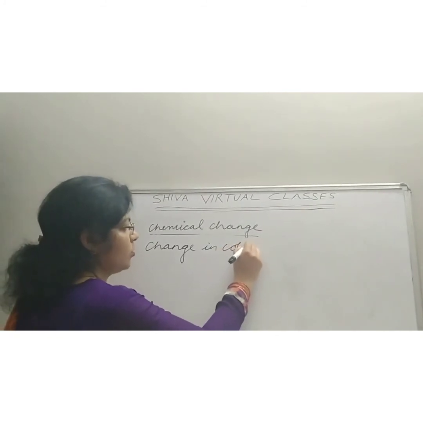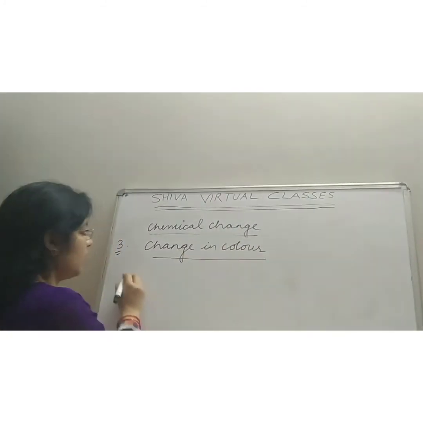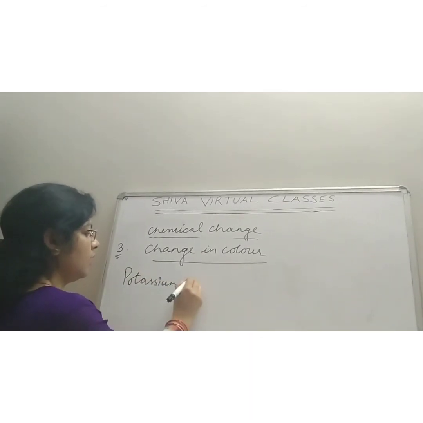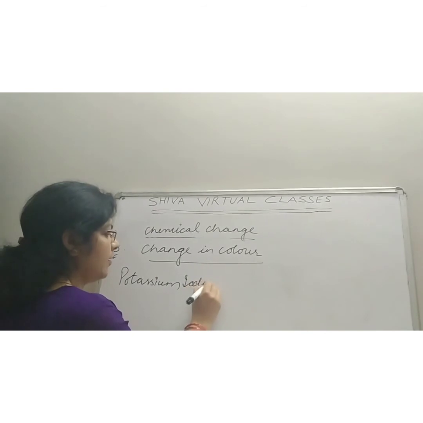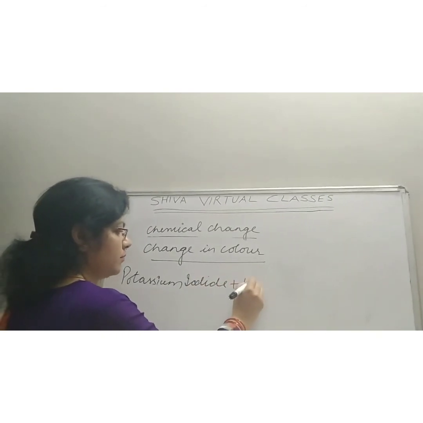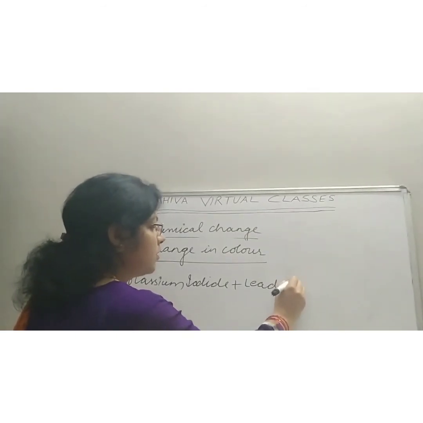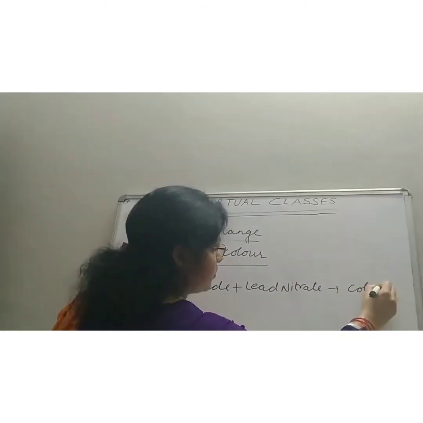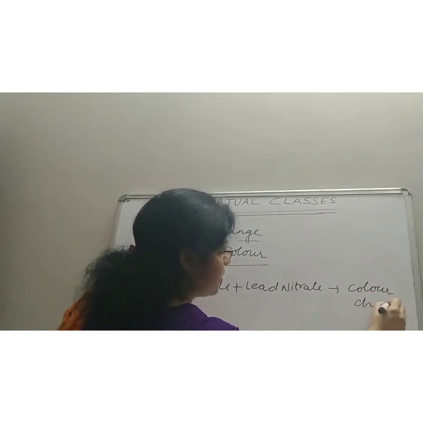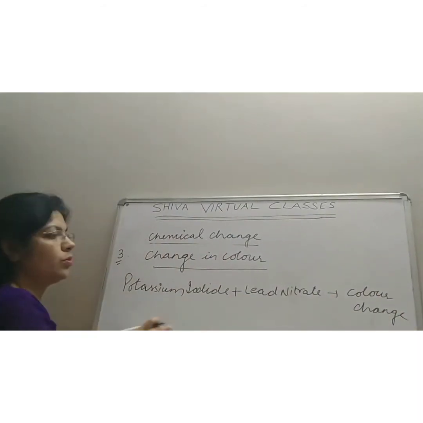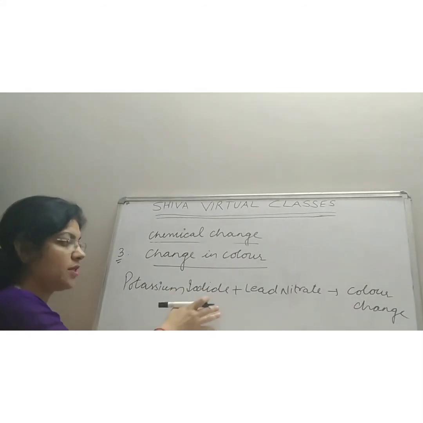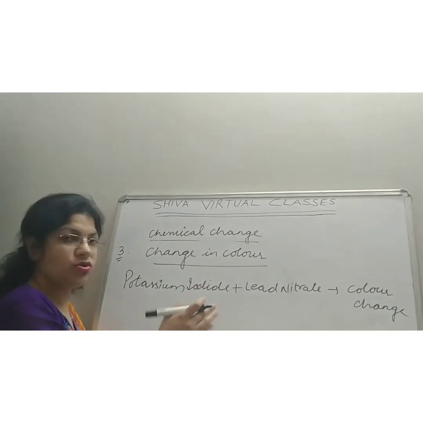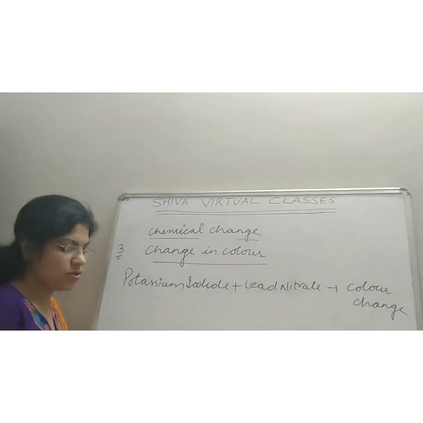For this, you can also do the activity when we add potassium iodide in lead nitrate. The change in color will take place. This shows that the substance undergoes chemical change. This change in color will take place when we add lead nitrate and potassium iodide. The substance undergoes change in color, which shows that the chemical change will take place.